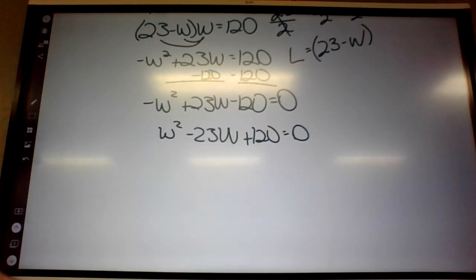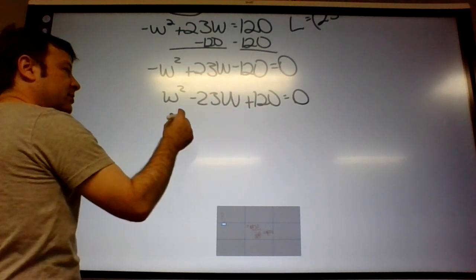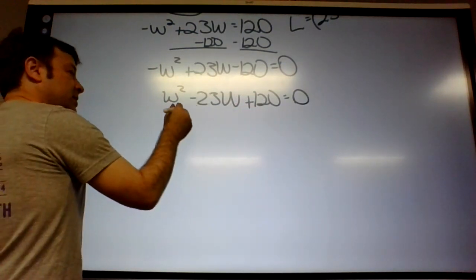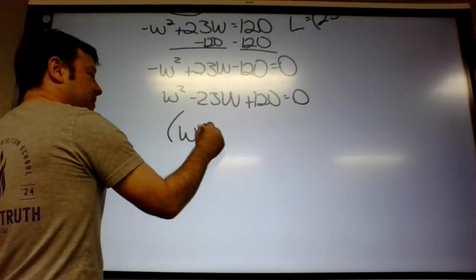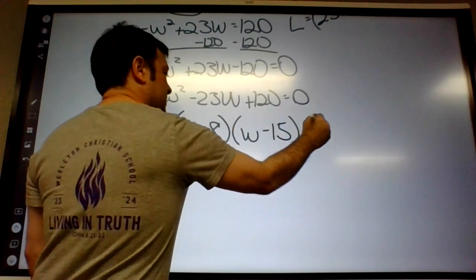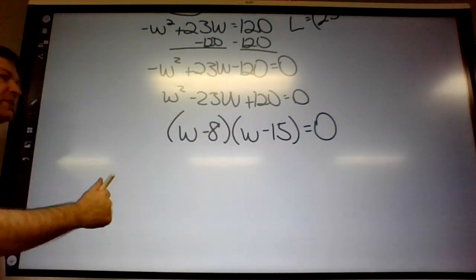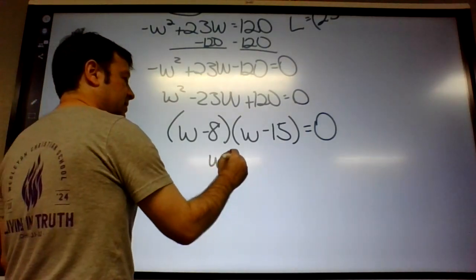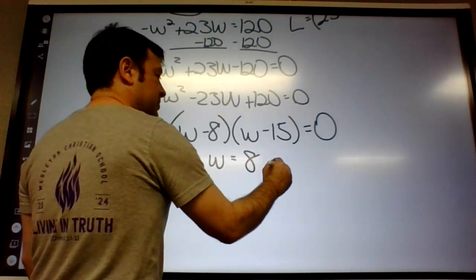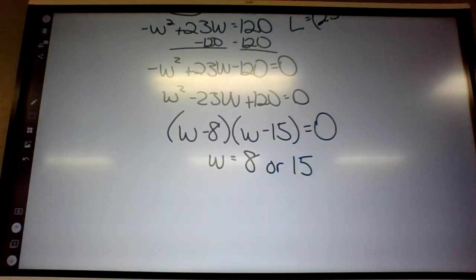Even if it didn't work, it would still work because we could use quadratic formula and it would be a decimal, but yeah, 8 and 15 do go into 120 and they do add up to -23, but it would be -8, -15. So the width could be 8 or the width could be 15.